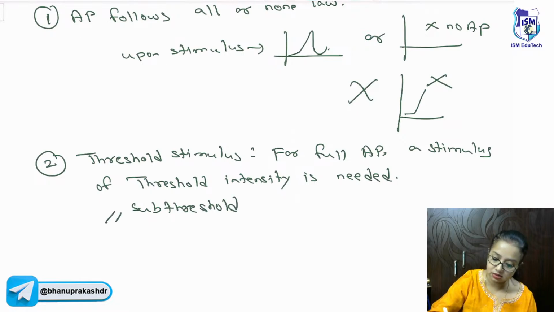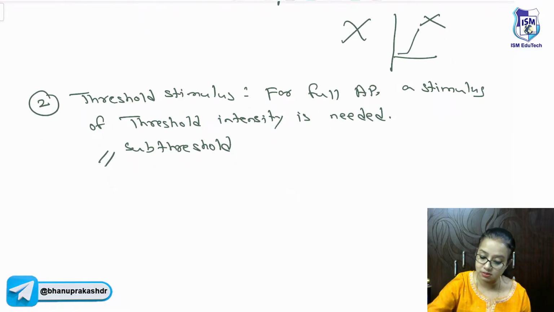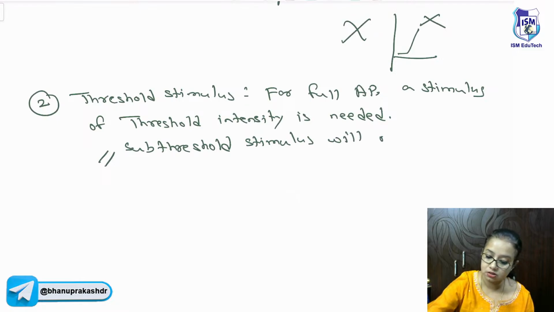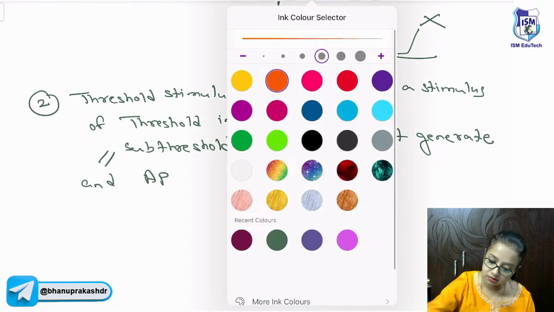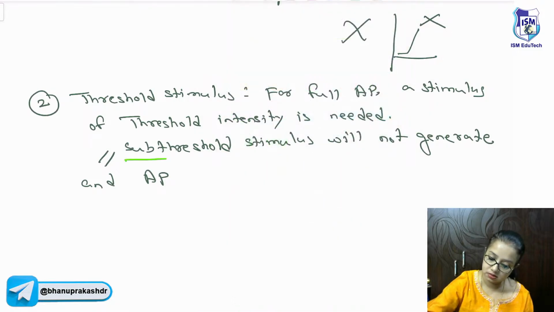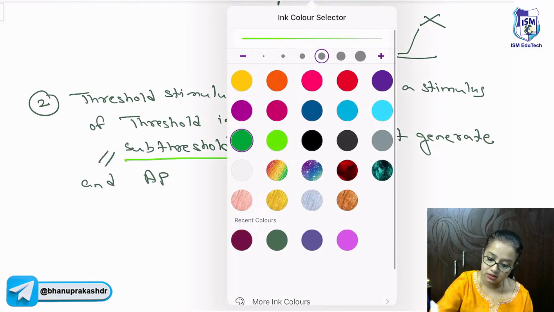Sub-threshold stimulus, like if the stimulus is less than the optimal stimulus, will not generate any action potential.